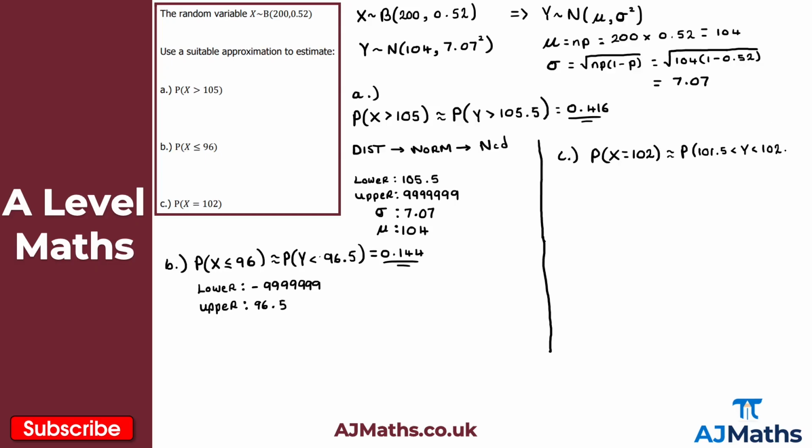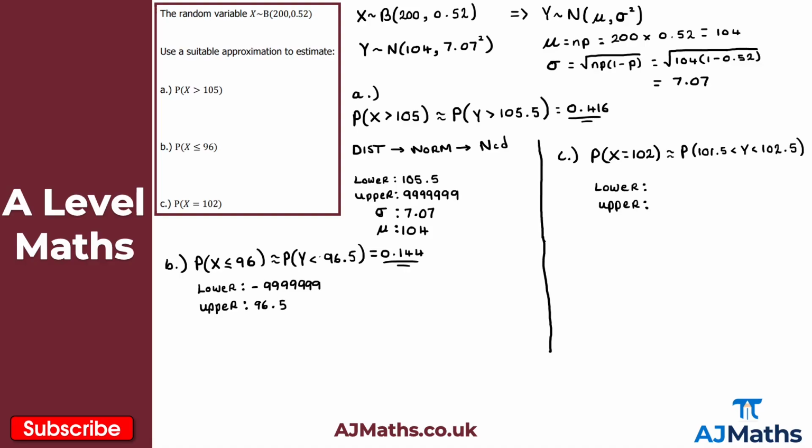So now all I need to do is go into my calculator again and use the lower, upper, and then sigma and mu to find this probability. So again, it's distribution, normal, NCD. We've got lower, upper, and obviously sigma and mu again won't change, so just leave those as they are.